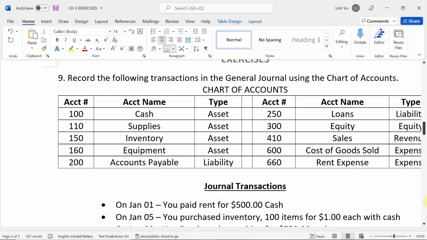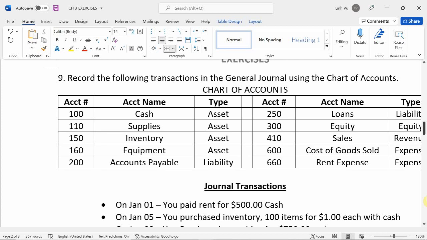What am I purchasing? Yes, supplies, yes. Okay, let's read this again. On January 5th, I purchased inventory. So in this case, what account am I going to be affecting? 150. I'm buying inventory, okay?